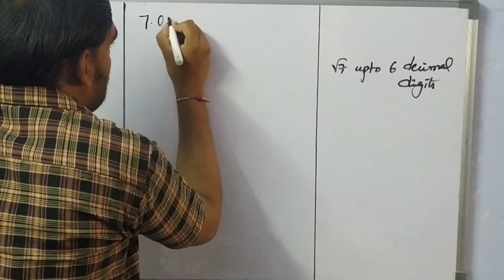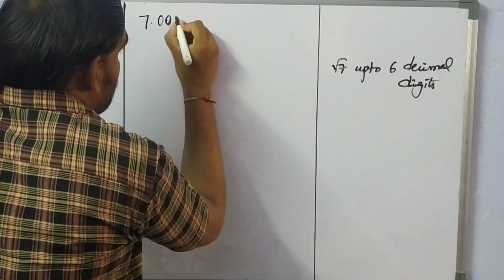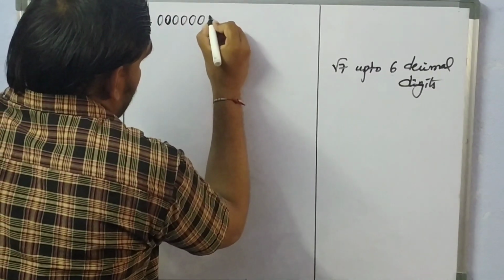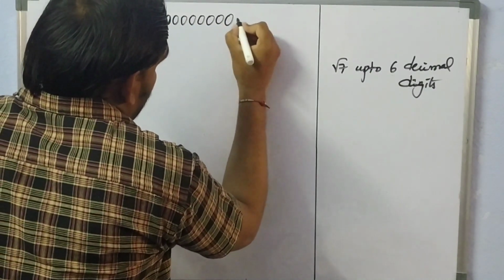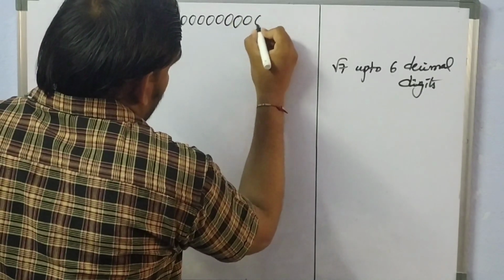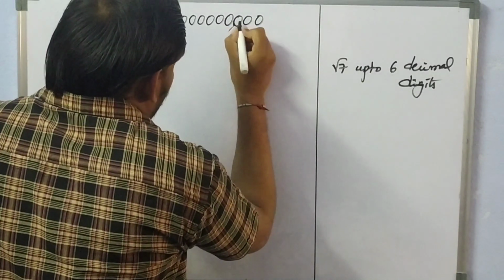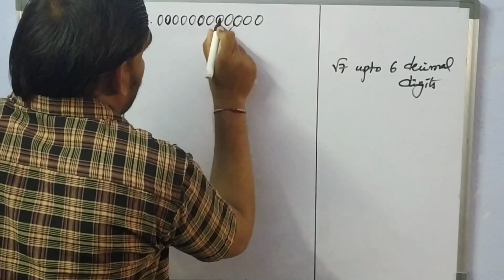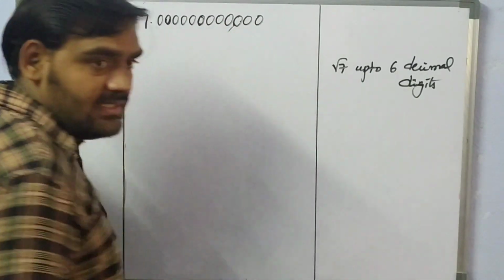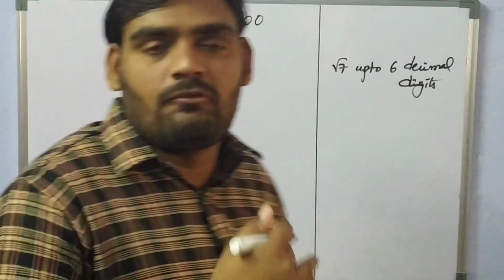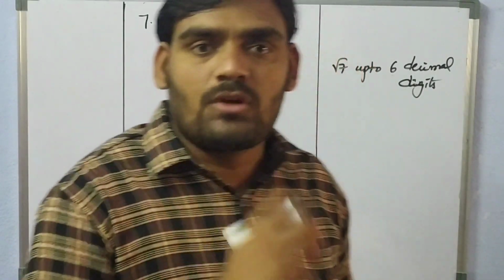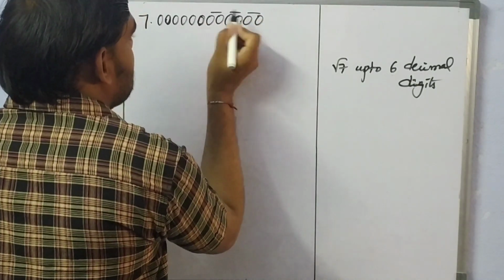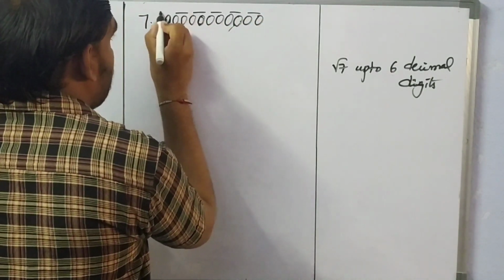After that, we need to take 12 zeros. Like this. After that, from right to left, we need to make 2 zeros as one group. So we need to keep bars like this, like this, like this, like this.